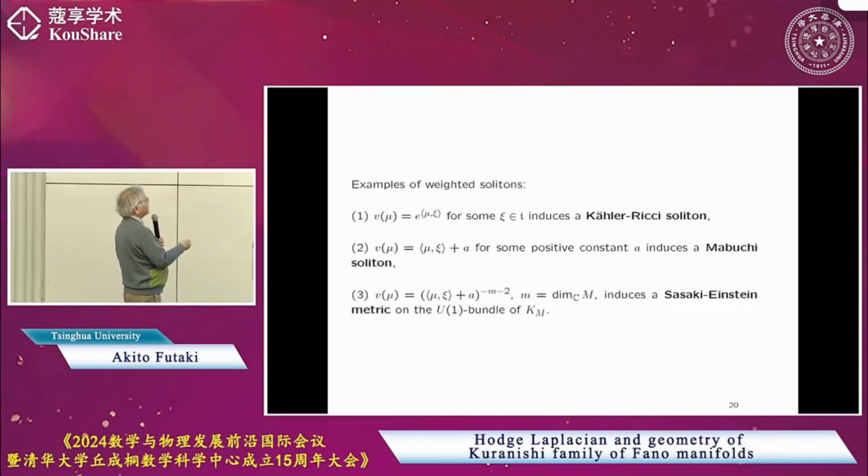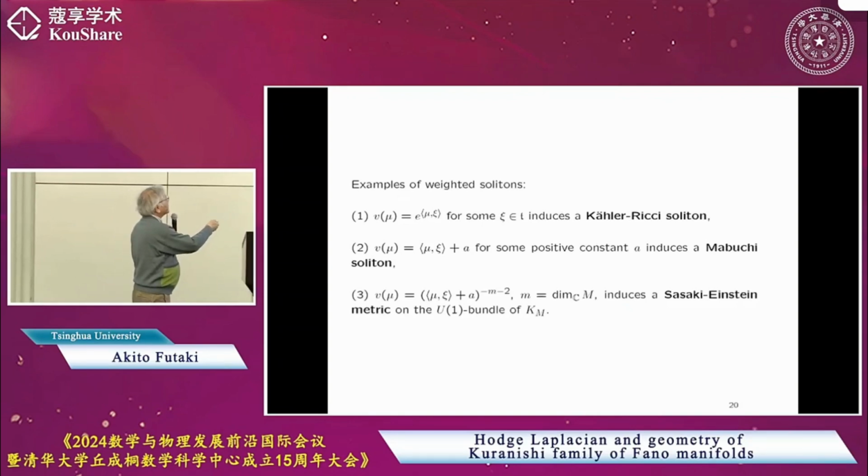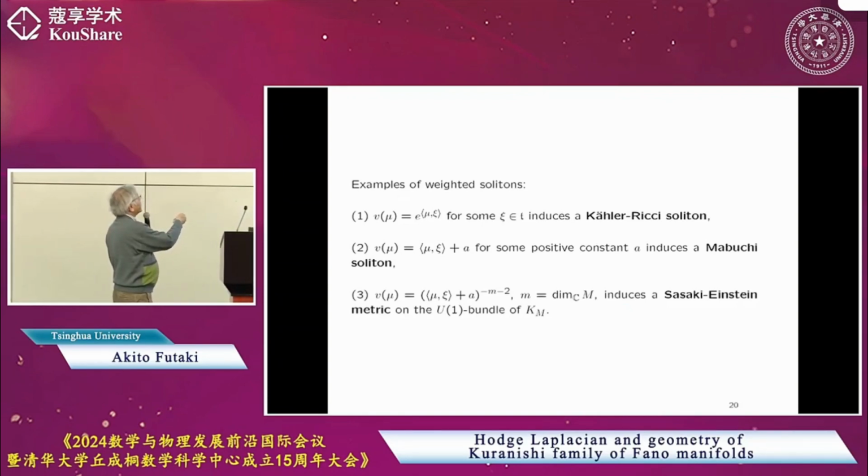Another unexpected example is this one. I added some positive constant A because I assumed V is positive, so that this becomes positive, and then the power minus m minus 2, where m is the complex dimension.